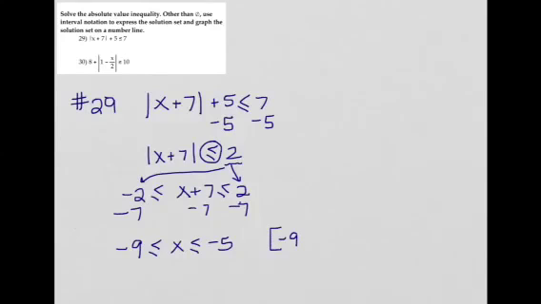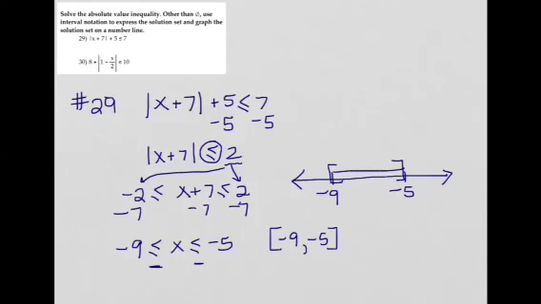That would be negative 9 to negative 5, using square brackets because we're including. And to draw this on the number line, put a negative 9, a negative 5, and bracket, bracket, and there you go.